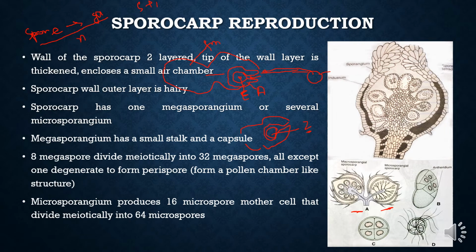But once the gametes, the sperm and the ovum, fuse to form the zygote, the zygote is the diploid phase, that is 2n. The zygote further divides to form the entire sporophyte.